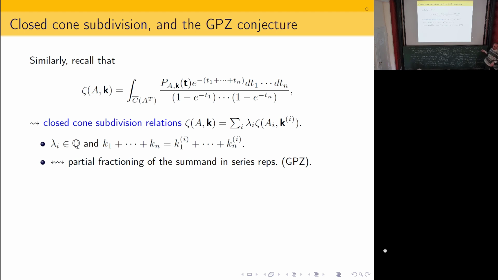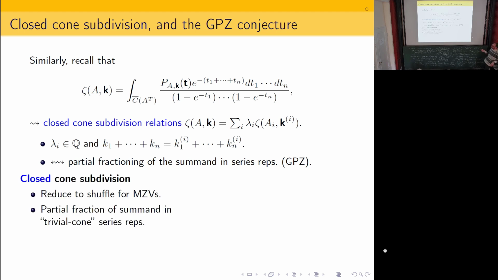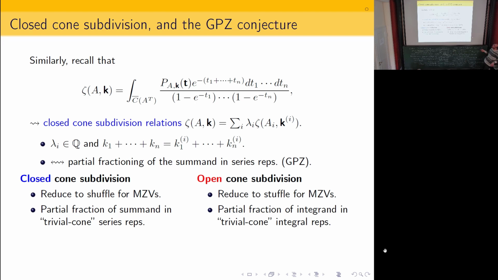Everything generalizes if you look at things in this way. So you have closed cone subdivision, which reduces to shuffle for multiple zeta values, and corresponds to partial fractioning of the summand in the conical series representation. And open cone subdivision reduces to stuffle for multiple zeta values and corresponds to partial fractioning for the integrand in the conical integral representation.